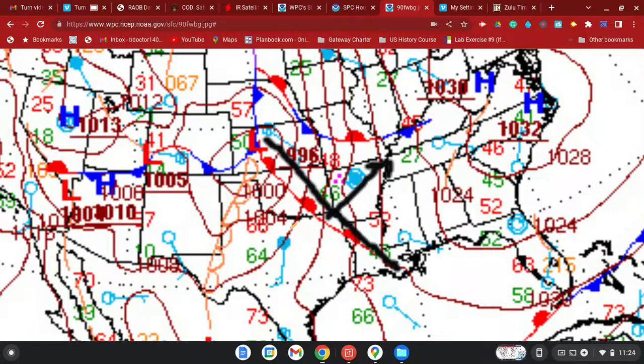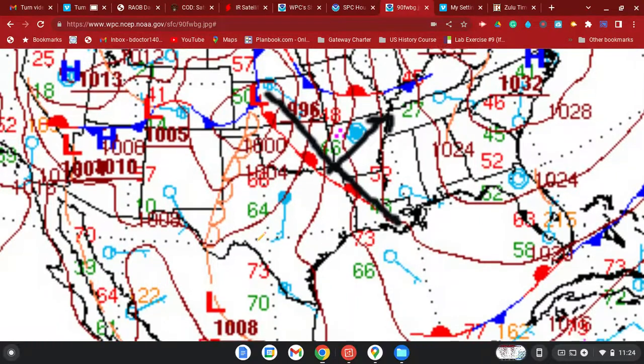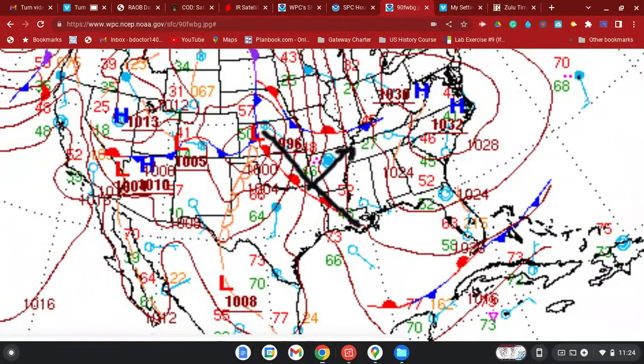That's generally what we can tell from a low that is that strong.